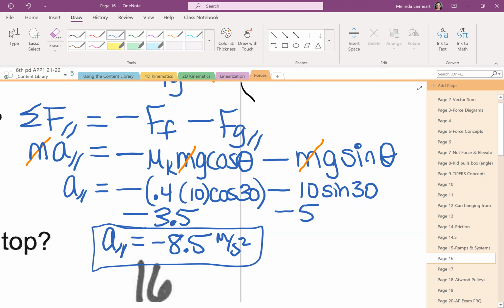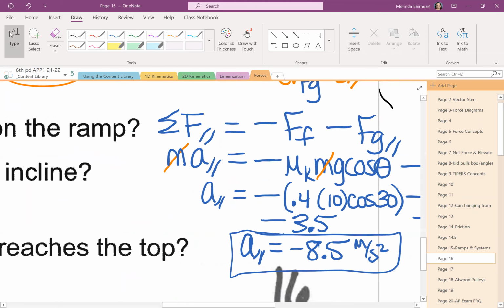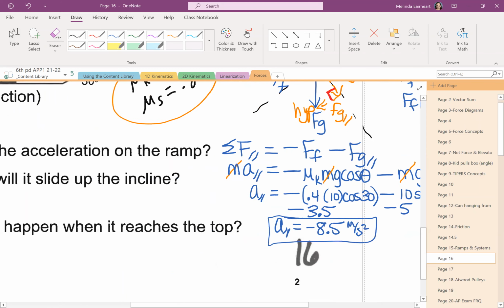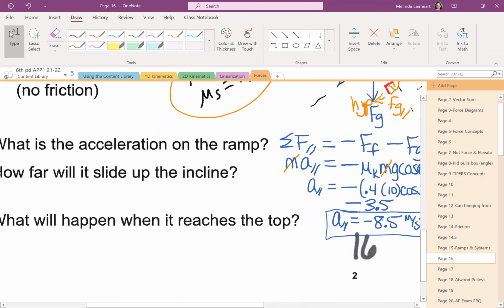Good on acceleration. Ramps with friction. B should go quick. B says, now that you know the acceleration, how far will it slide up the incline? So we know two velocities, we know the acceleration. We're trying to find that labeled distance, right? Or delta x, either way.